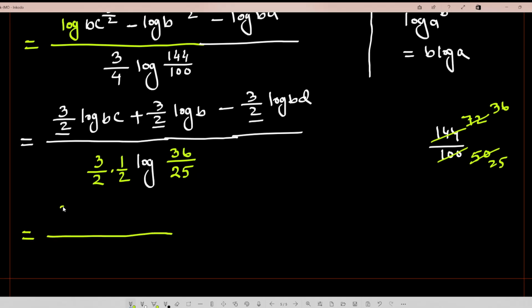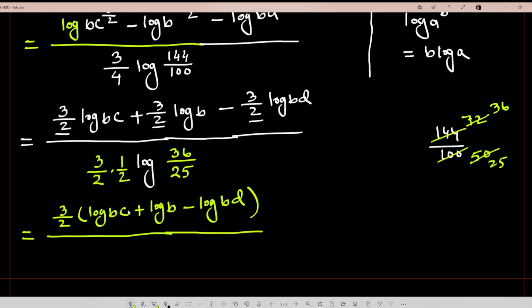Now it's a very important part. We can take common 3 by 2, so here is log b c plus log b minus log b d. And in here 3 by 2 and log 36 divided by 25, we can write to the power 1/2.